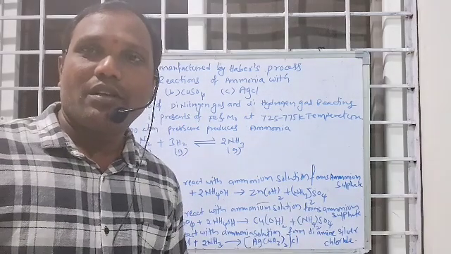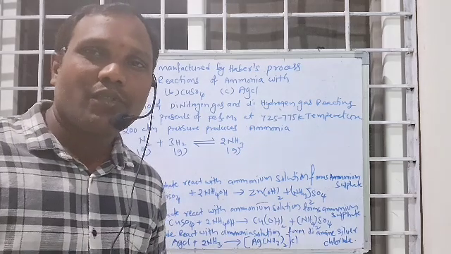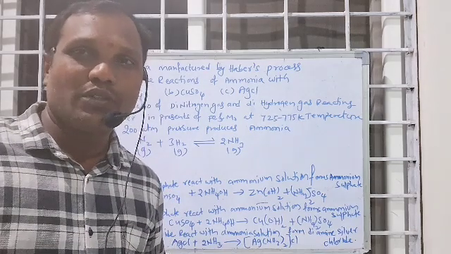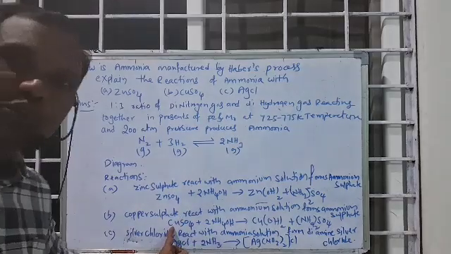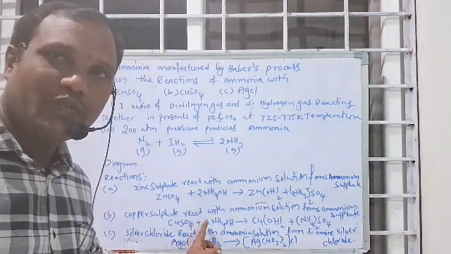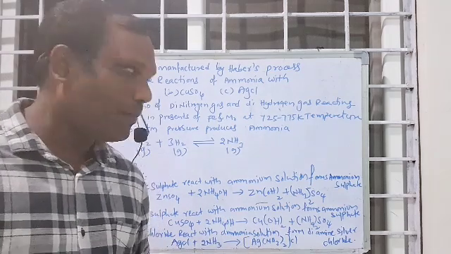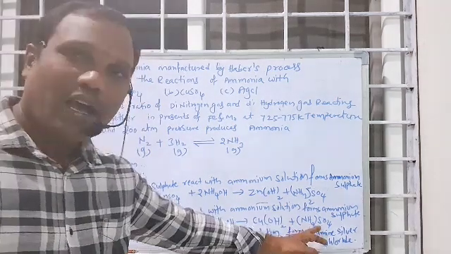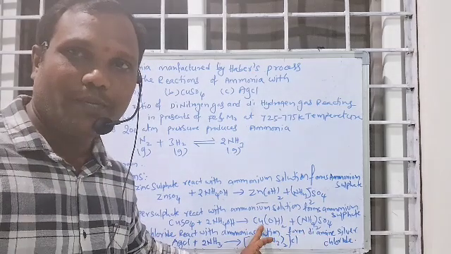Similarly, ammonium hydroxide solution reacts with aqueous copper sulfate solution. Here also Cu 2 plus, SO4 2 minus, NH4 plus, OH minus, vice versa displacement takes place, which produces ammonium sulfate and copper hydroxide.